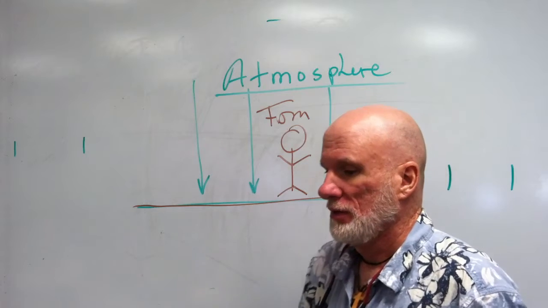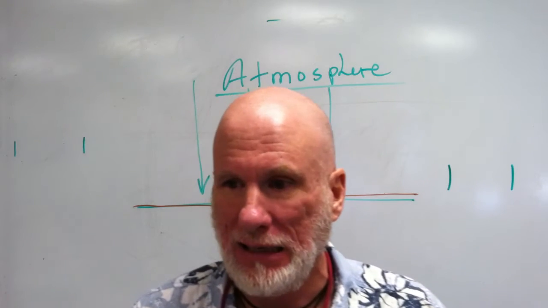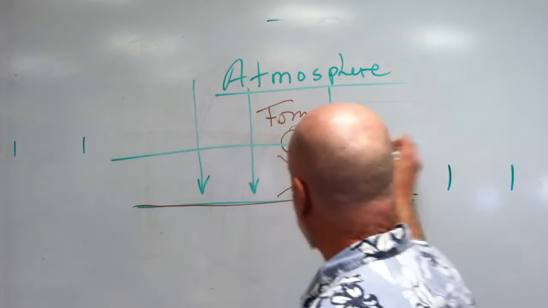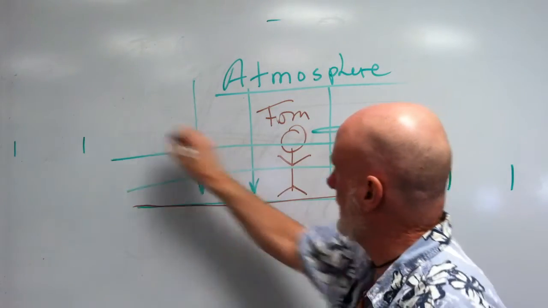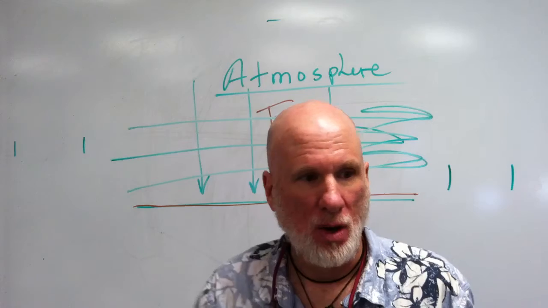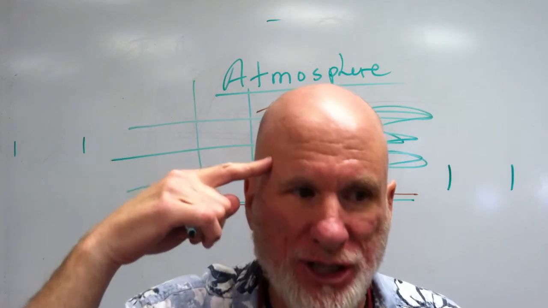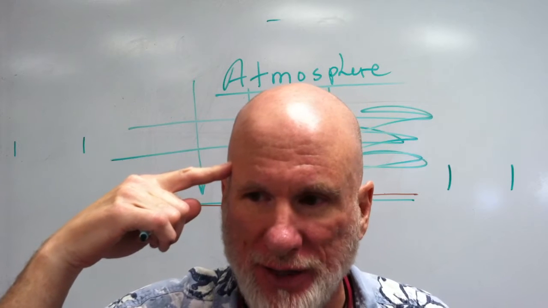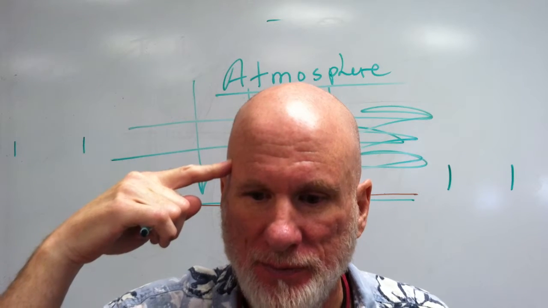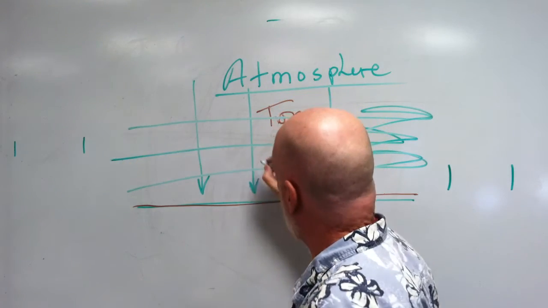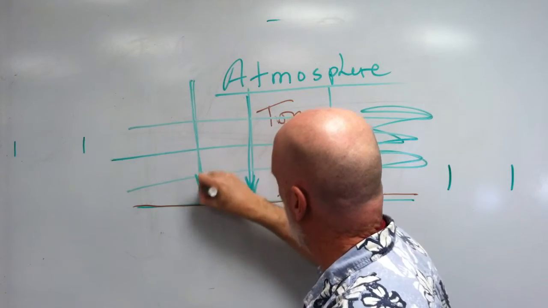Now, if it's a windy day, what's going to happen? Well, it's a windy day, it's going to go like this, right? What happens to the perpendicular pressure on a surface? What's the perpendicular pressures to the surface? In other words, these pressures here.